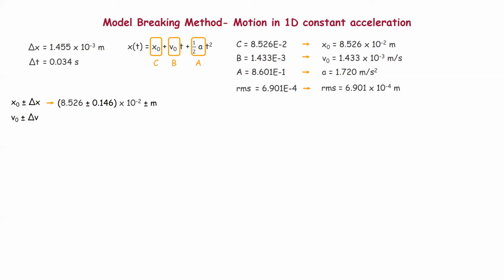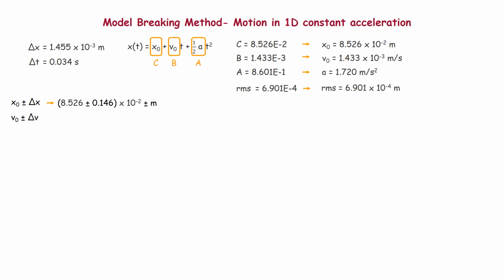The tracker calculated the initial velocity, but what is the possible error in this result? As you know, in physics, we don't only have errors in measurements, but we also have calculated errors in results. If there are errors in our measurement, there must be errors in our results. So, what is delta V? How do we get this delta V information?